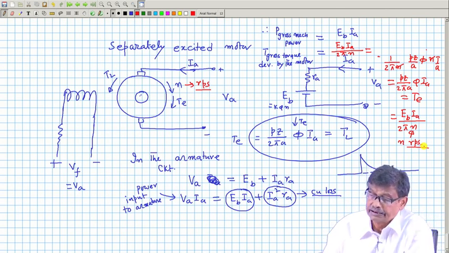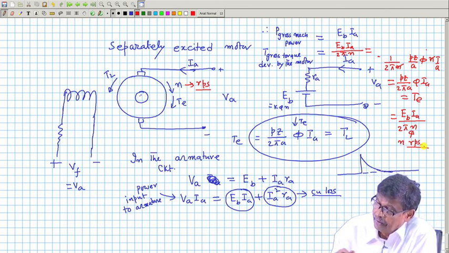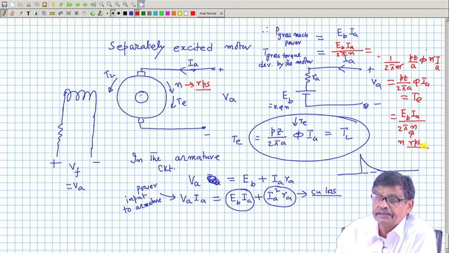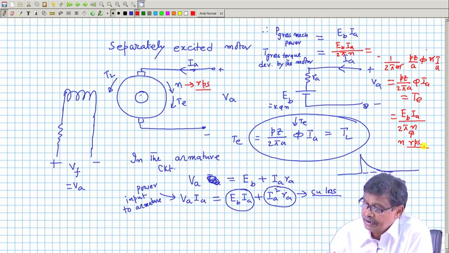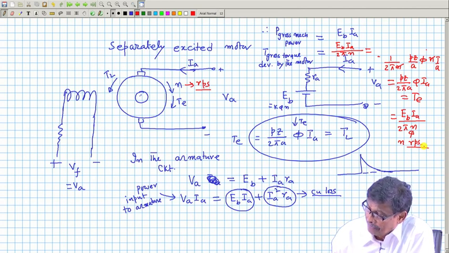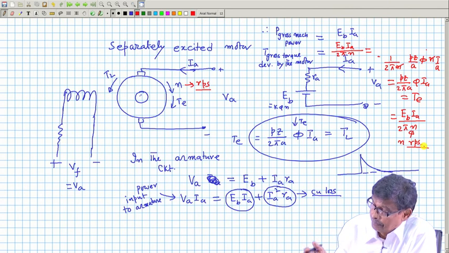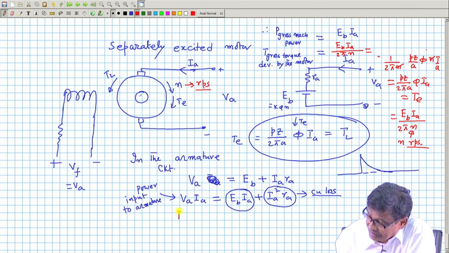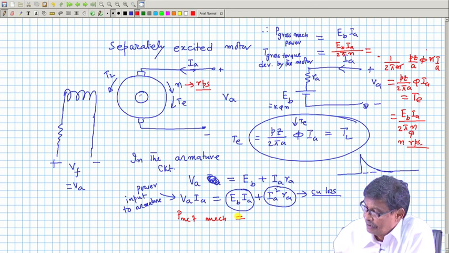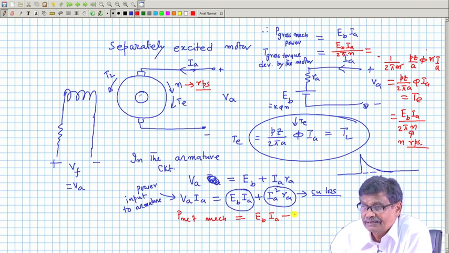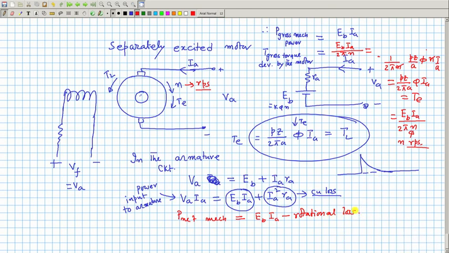So, we now know how a DC machine operates steadily. And then for the net mechanical power, of course, you have to subtract the rotational loss. So, P net mechanical will be Eb into Ia minus the rotational loss. This is how you have to calculate.